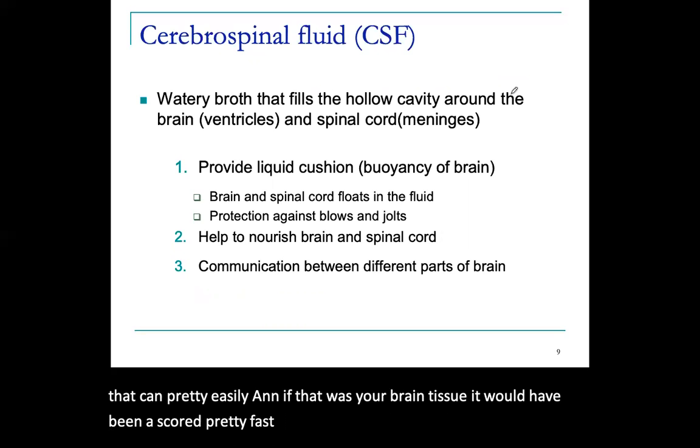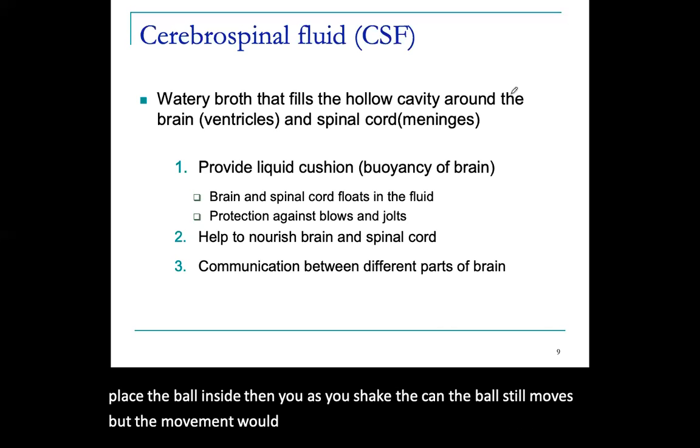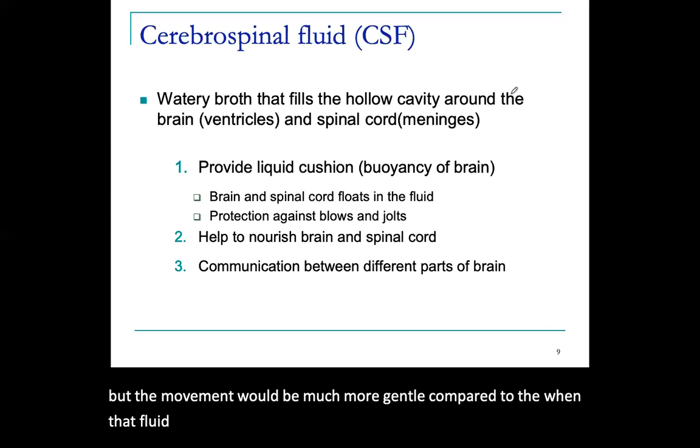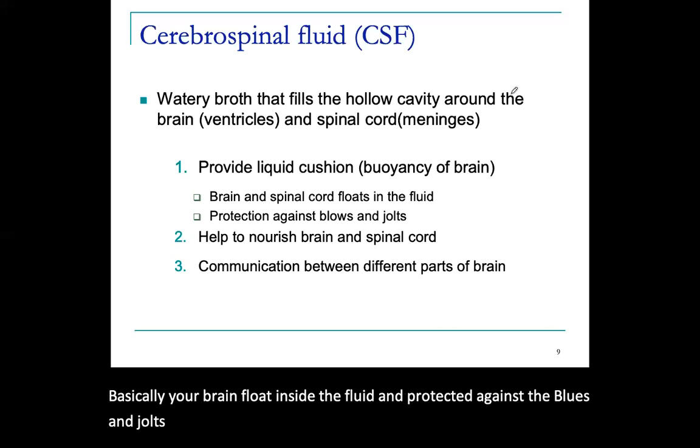However, if you fill the can with fluid and then place the ball inside, then as you shake the can, the ball still moves, but the movement would be much more gentle compared to when that fluid is absent. So the buoyancy helps your brain float inside the fluid and protects it against the blows and jolts that result from external trauma.